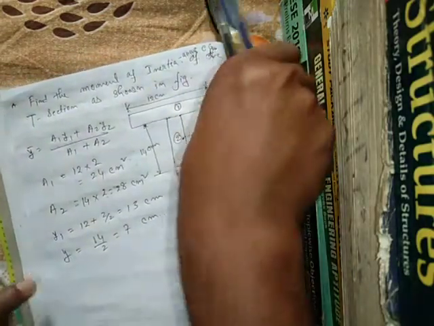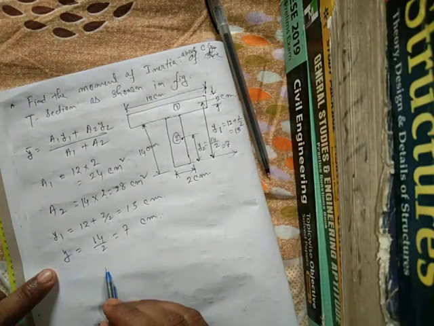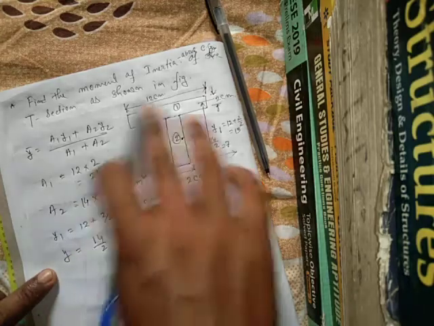Now we calculate the CG of the whole section.